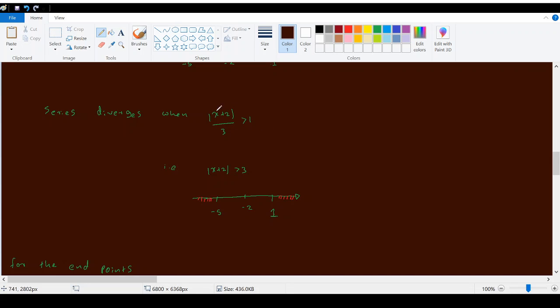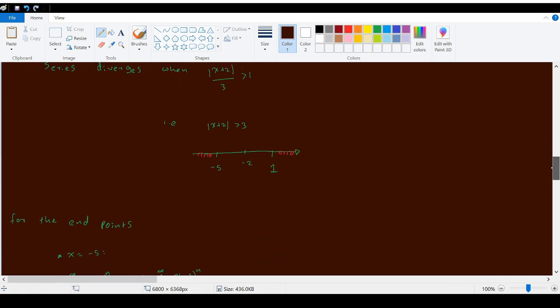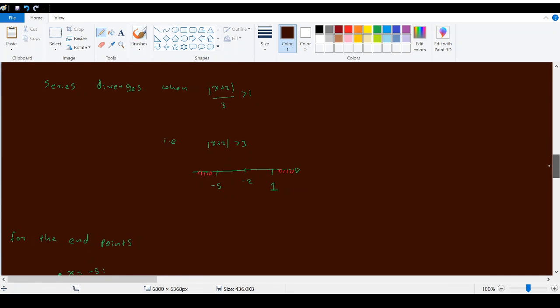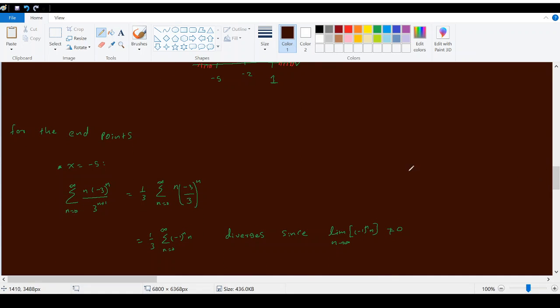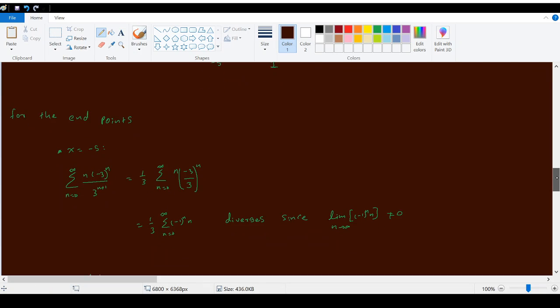Limit greater than 1 means this greater than 1, this greater than 1 means this greater than 3. So that means the region outside this interval. Okay, and from the ratio test it doesn't say anything about the end points. So then we have to manually calculate the two end points, -5 and 1.